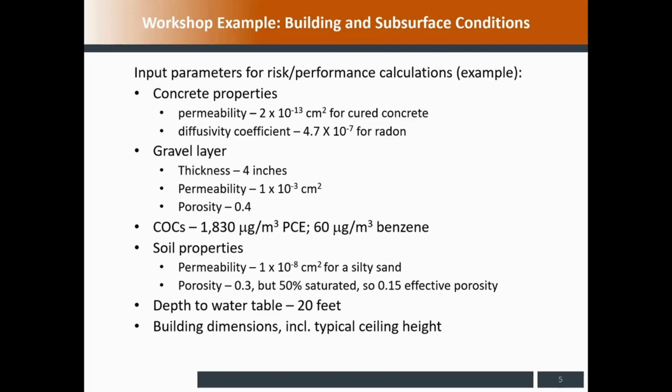Your constituents of concern, of course, soil properties, depth of water, right? You might have a dry installation, or you might have, 5 feet below ground surface, encounter a groundwater table. So these are important things to know going into the design. And of course, building dimensions, and one of the key parameters that's sometimes tough to nail down early on is, for example, the typical ceiling height.